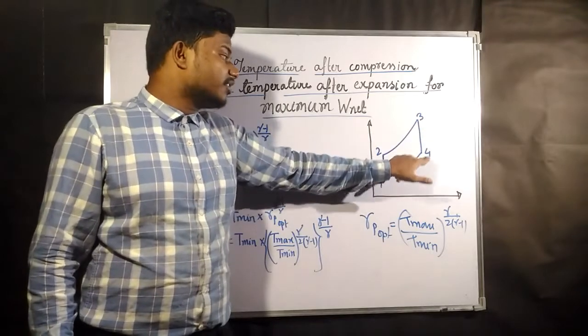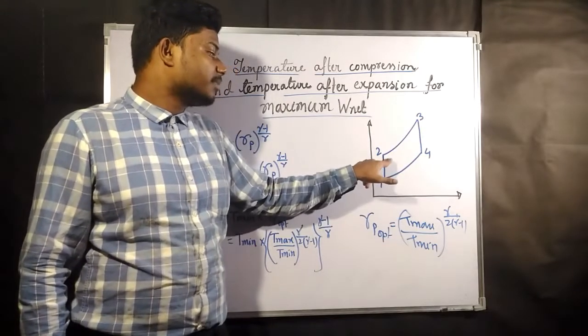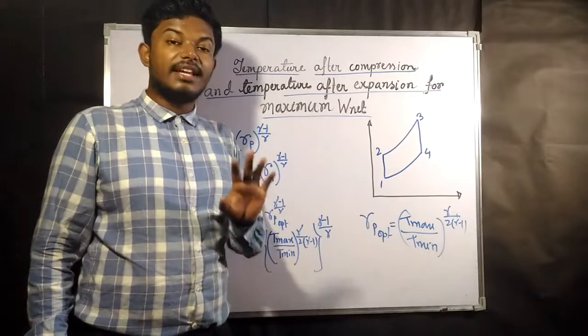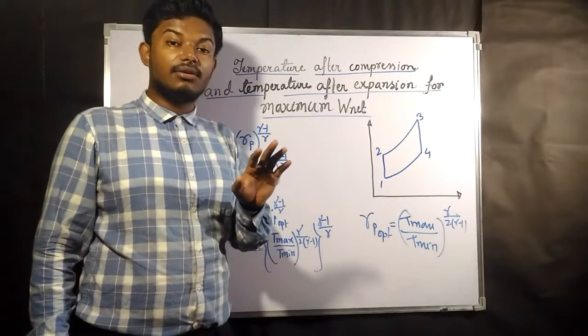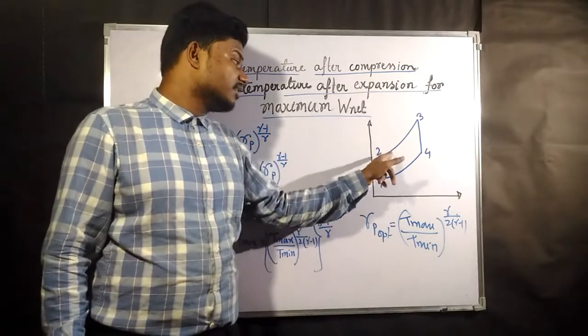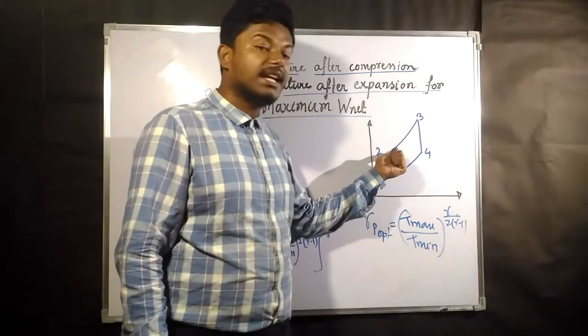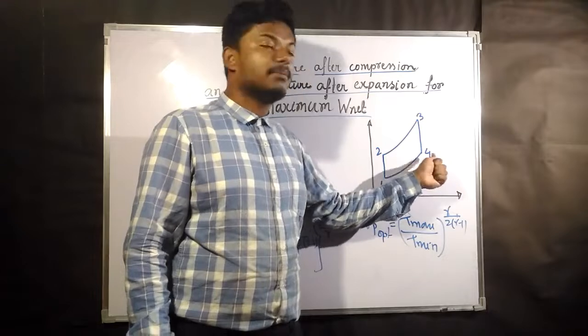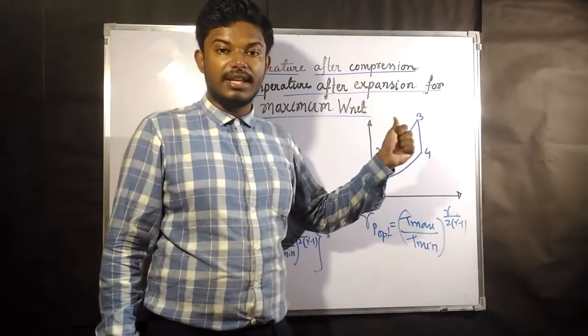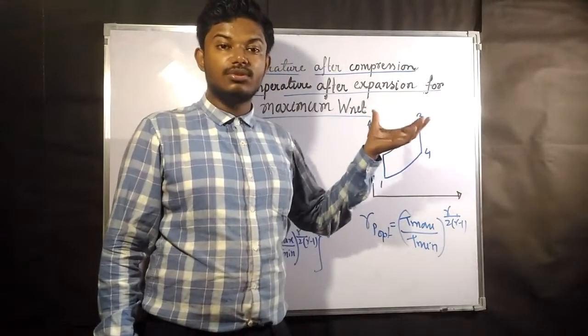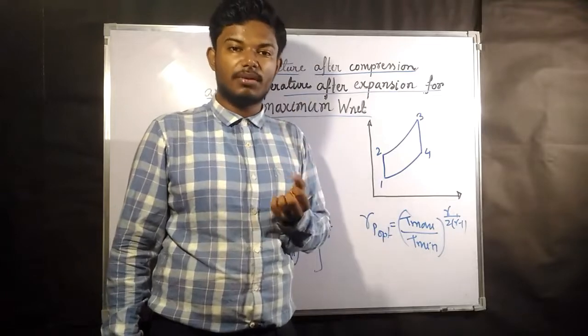So after compression is point 2 and after expansion is point 4. To get the maximum work output, what should be the temperature T2 and what should be the temperature T4? These are the conditions we are going to find for maximum work output.